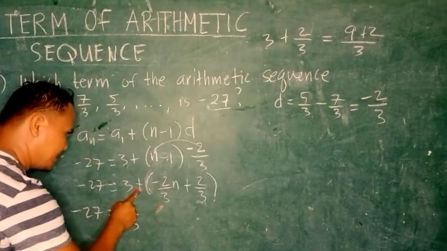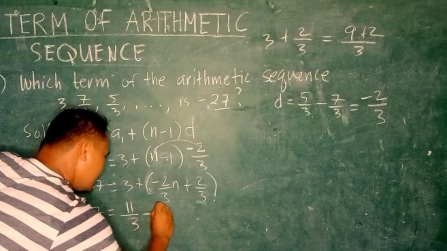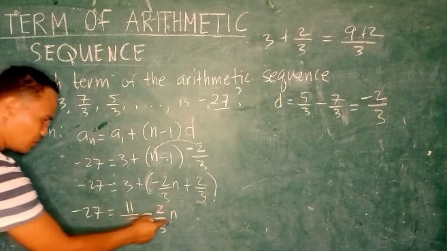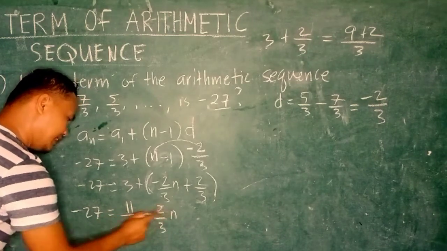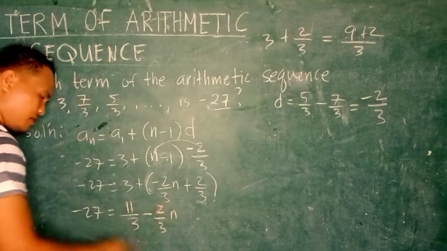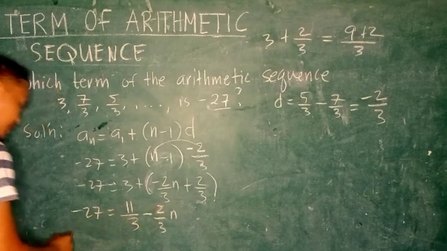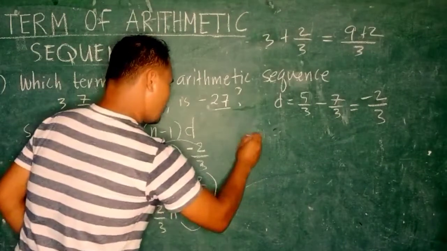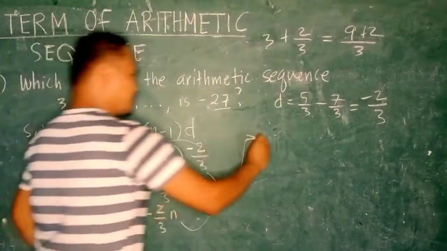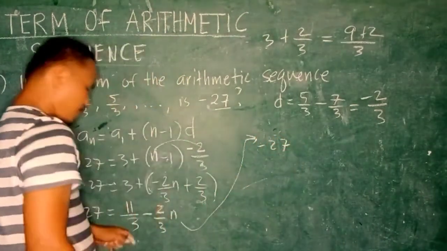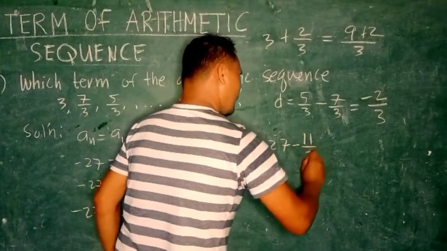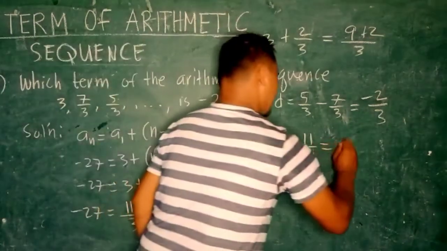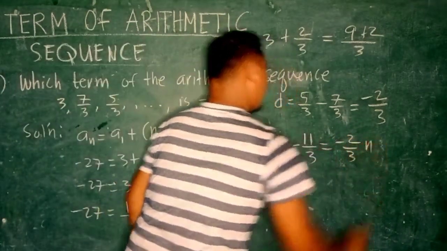Okay. Meron siyang negative 2/3 n. Di man sila makombine kay na may variable ang usa, kaya i-transpose. So, transpose na to si 11 over 3. Mahimo na siya negative 27 minus 11 over 3 equals negative 2/3 n.